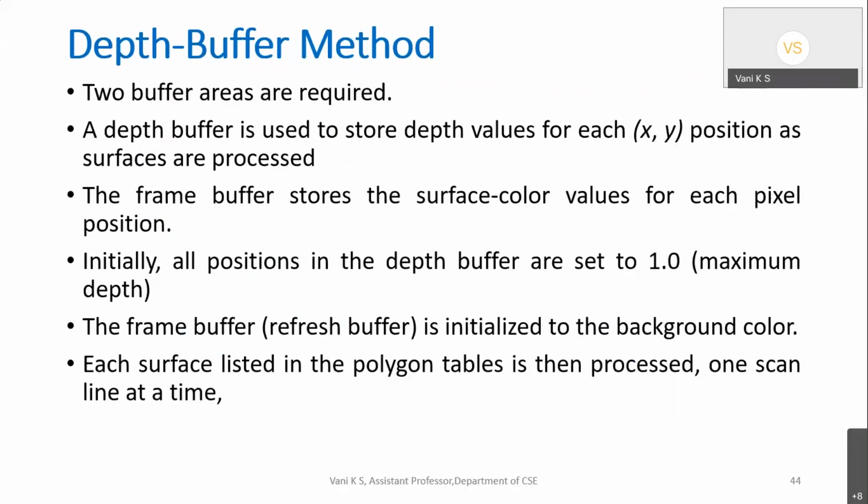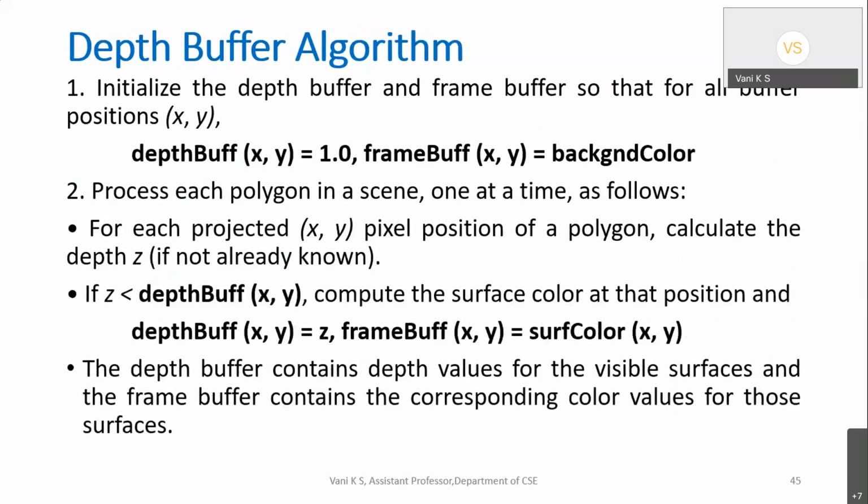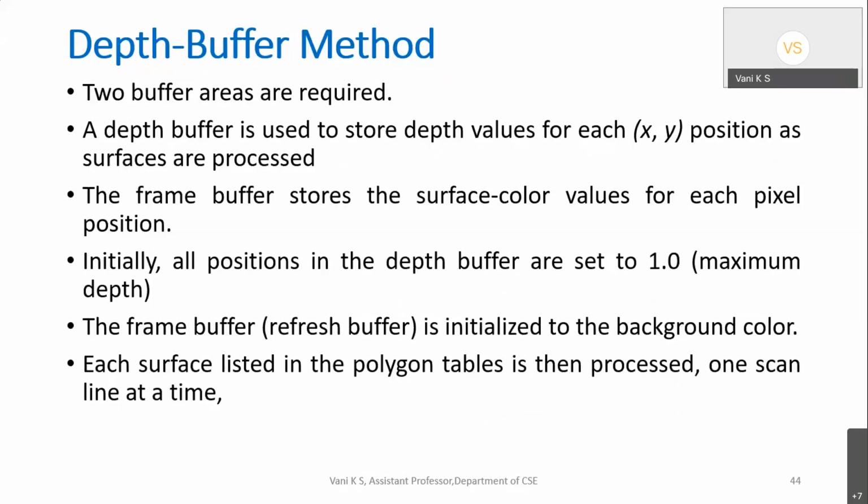But before we carry out this algorithm, which is in the next slide, you remember that two buffer areas are required. In the beginning of computer graphics we already understood that there are two types of buffer, the color buffer and the depth buffer. When we have 3D objects, what is depth information?